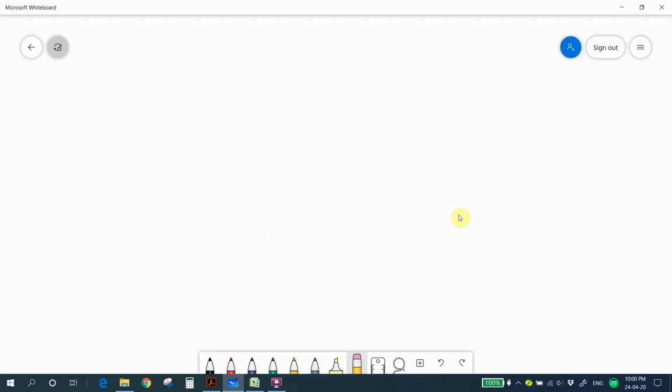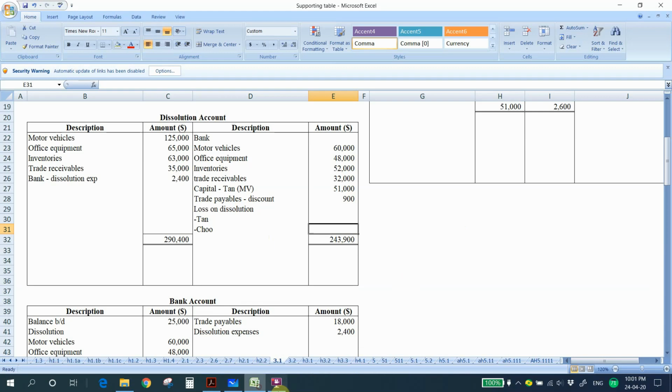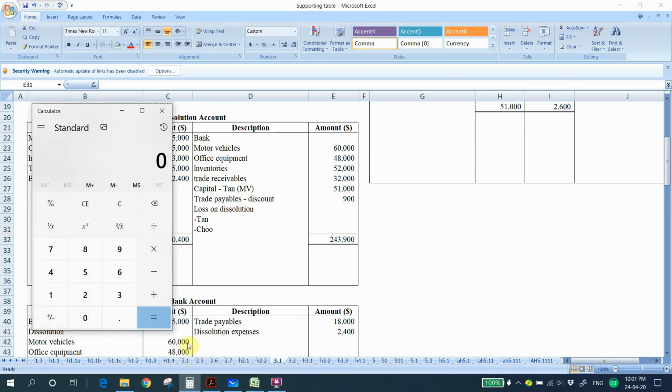So what is the amount of loss on dissolution? Let's calculate. So we use 290,400, the debit balances minus the credit balances. So the balancing amount is 46,500.